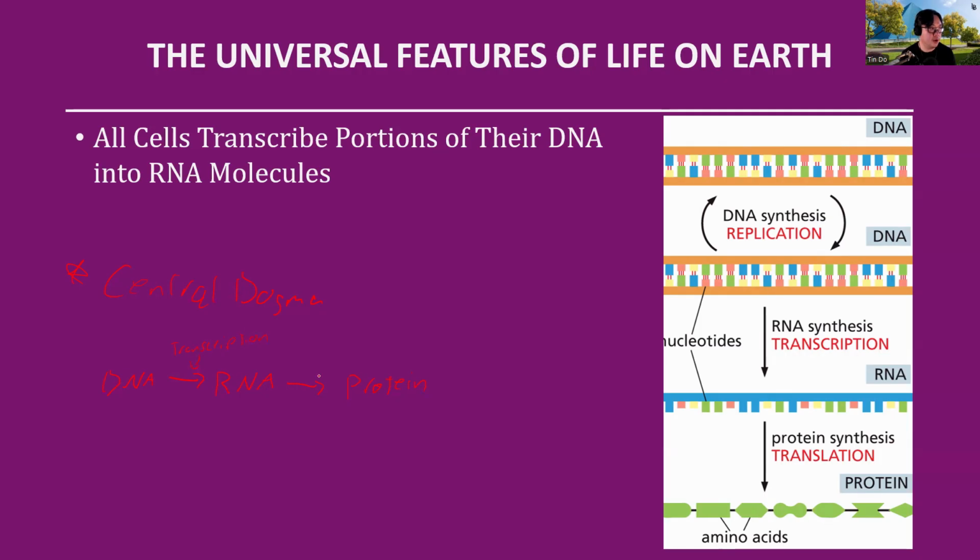Transcription is DNA to RNA, and then RNA to protein is your translation. Okay. I know it says it in the slide or on the image on the slide right here, but just to really emphasize the importance of understanding what each step does, make sure you know these terminologies. Okay.